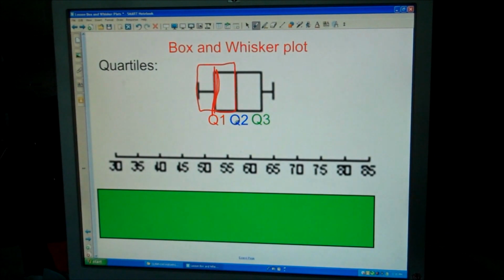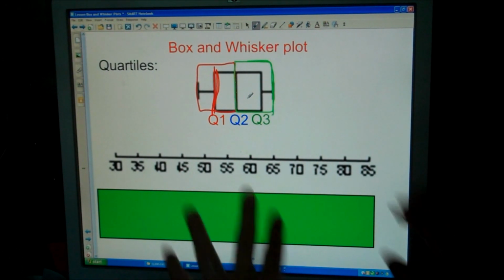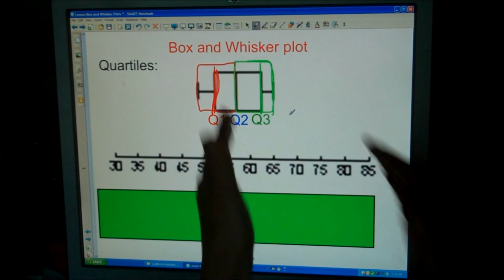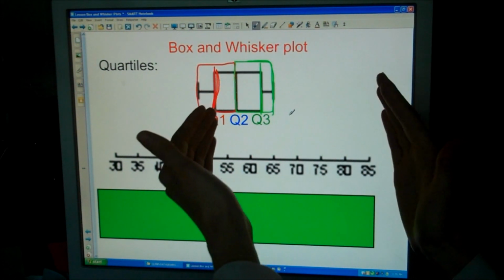Please write that definition down right now. That's going to be important. Okay? Quartile 3. Here we go. That's all of this right here. That's quartile 3. What it means is, though, quartile 3 is this spot right here. The middle of the second half of the data.